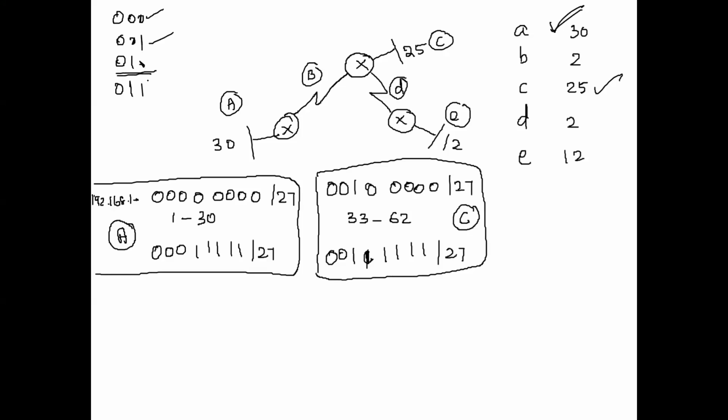I'm going to take this block, which is 0, 1, 0, 0, 0, 0, 0, 0, /27. If I give this to network E, at least 15 of the IP addresses are wasted. So let me split this again into 2. I just take 0, 1, 0.